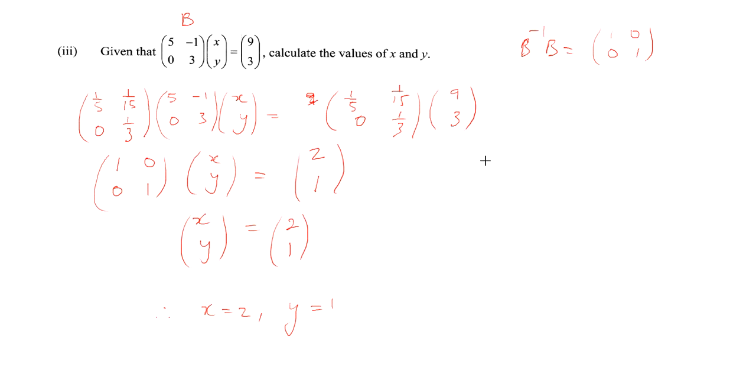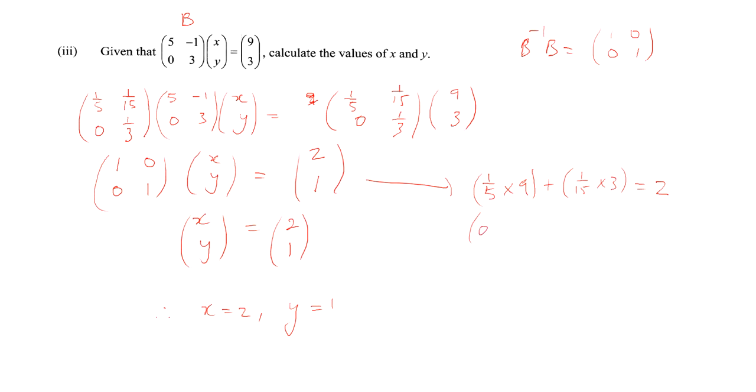Let me show you how I get this 2 and 1. I'm taking 1/5 multiplied by 9, and adding that to 1/15 multiplied by 3. If I work that out, I get 2.